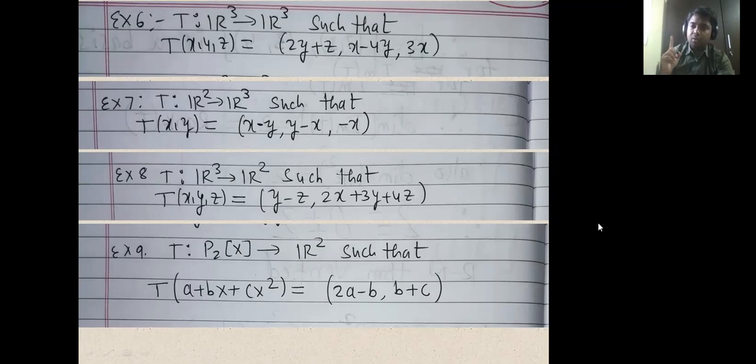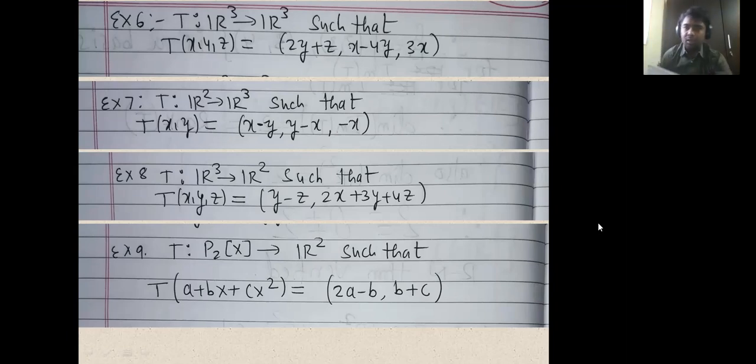Dimension of kernel equal to 1 means what? We have nullity. Nullity is equal to 1. Dimension of the kernel is equal to 1 means the nullity of the linear transformation is equal to 1. Okay, so now we got nullity.